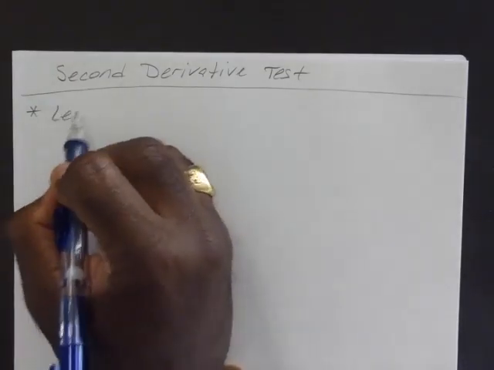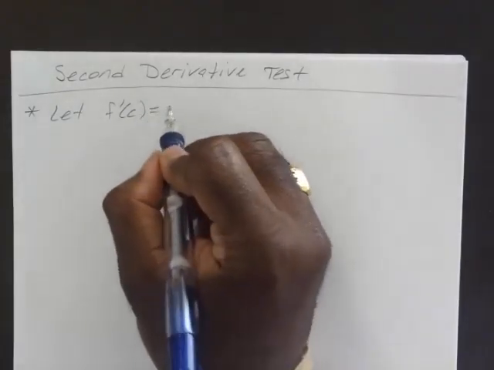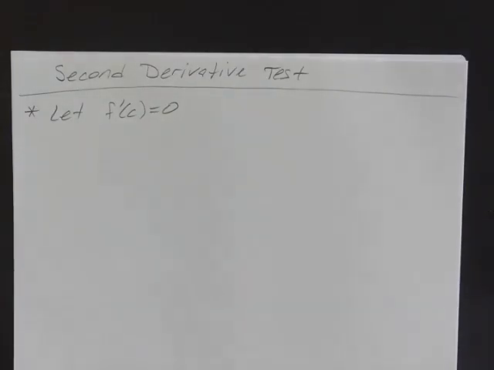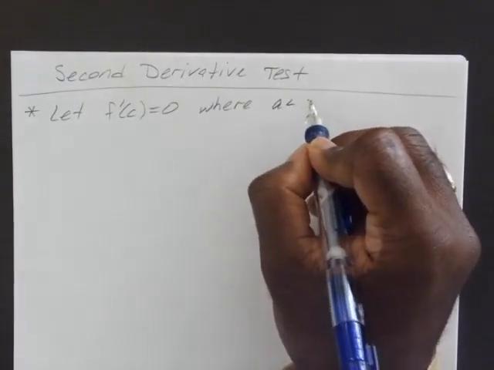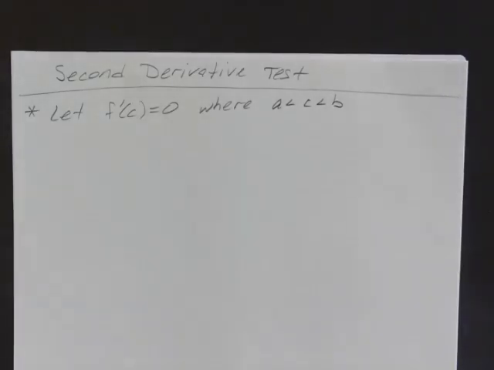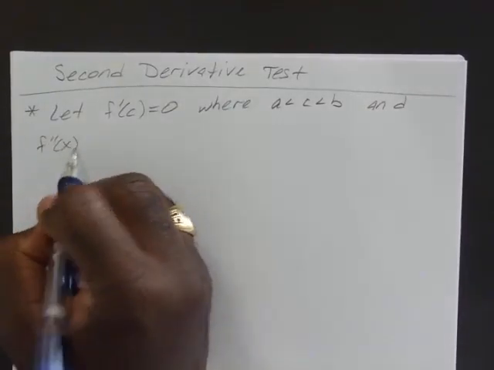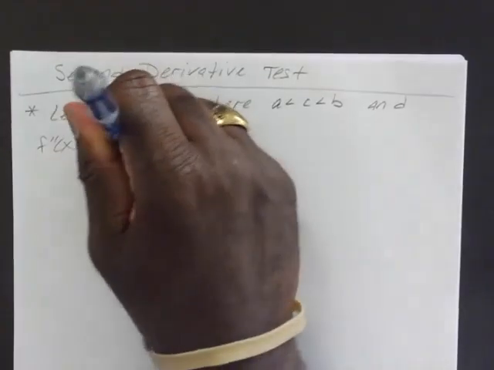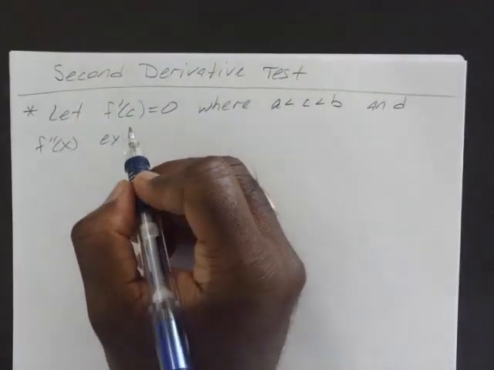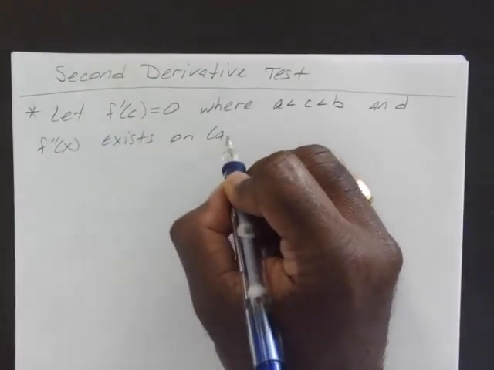What if we have a function where we know that the first derivative at some value c is equal to 0, where we know that c is somewhere between some value a and b, and we also know that the second derivative exists on some interval from a to b.